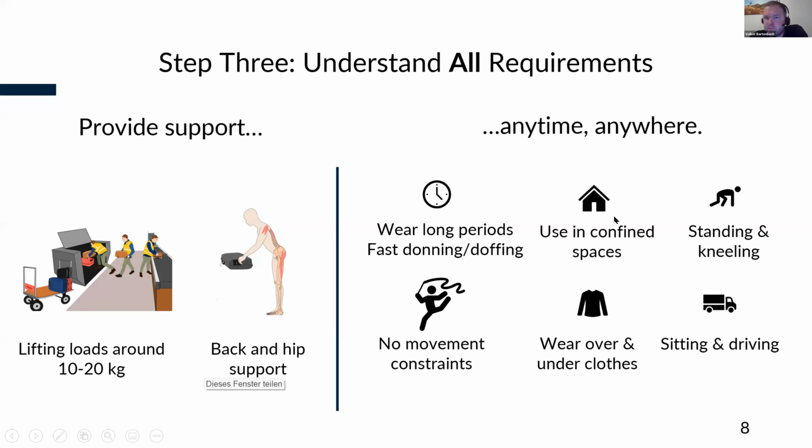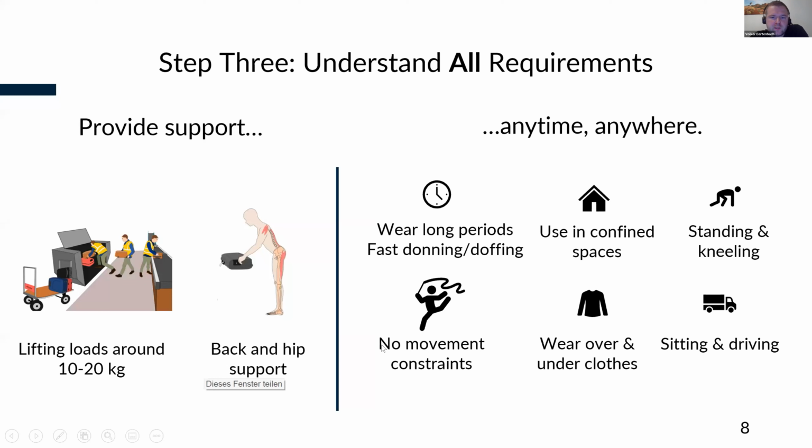You have seen the picture with the person inside the airplane. This means the exoskeleton would need to be very small, so as to not collide and cause damage all the time. Also, the work requires that we can provide support while standing, but also while doing the kneeling lift task inside of the airplane.